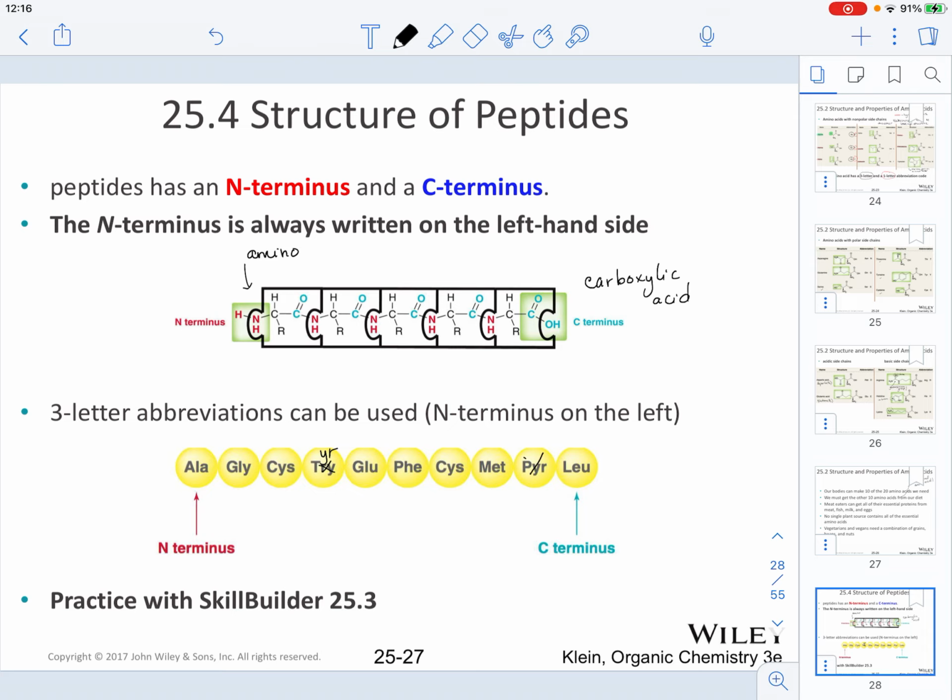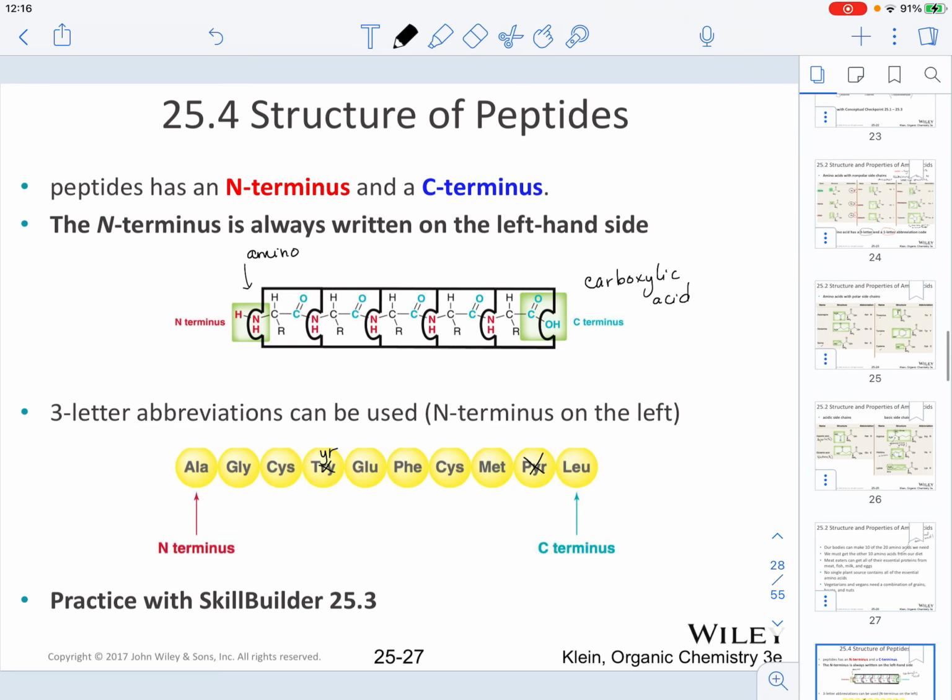Some of these are incorrect, and I'm just fixing it because there's no 3-letter code that is PRY, even if you look through the tables. But understand that when a peptide is given to you, it's going to be written from the N terminus to the C terminus.